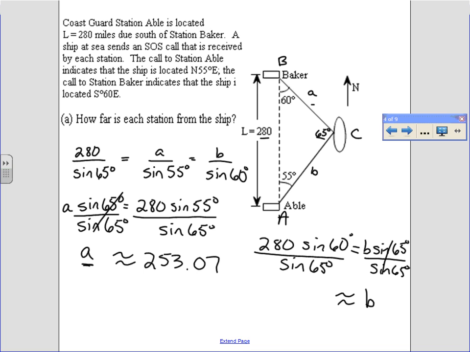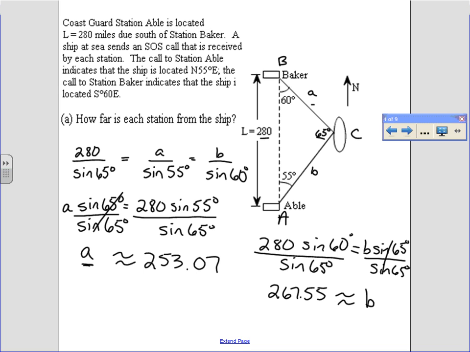Let's see, 280 times sine of 60 divided by the sine of 65 is about 267.55. Okay.